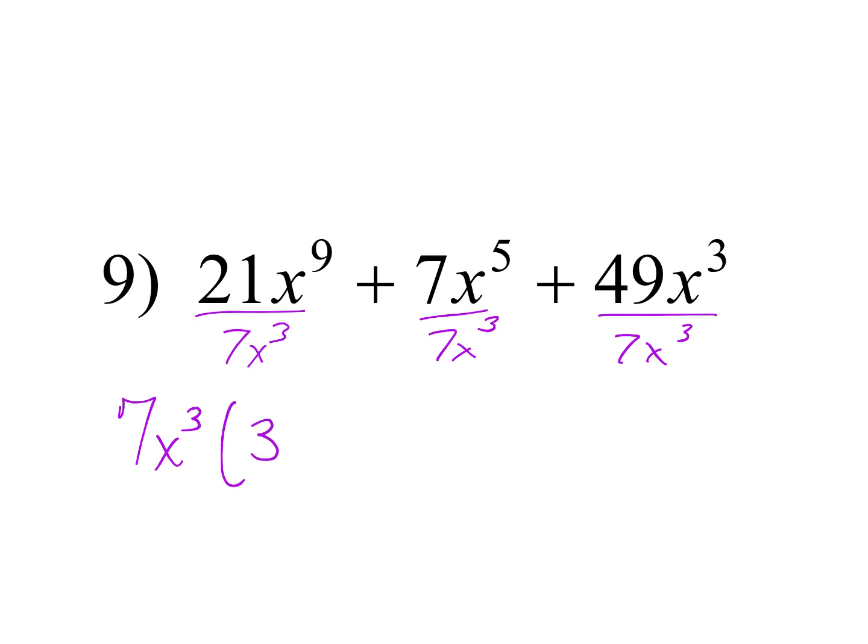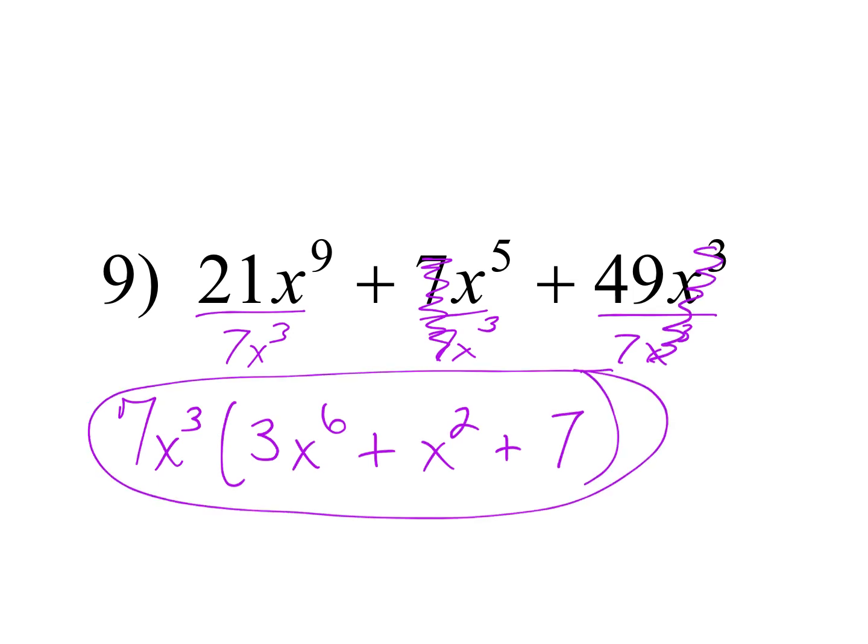X to the ninth divided by x to the third. We subtract our exponents. We get x to the sixth, good. Plus, what happens to my 7s? They cancel. So x to the fifth. X squared. Good, good, good. And then 49 divided by 7? 7. What happens with the cubes? Good. Good job.